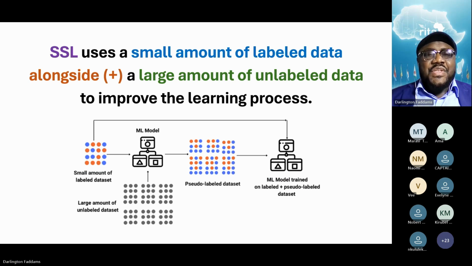SSL uses small amounts of labeled data plus a large amount of unlabeled data to help improve the learning process. How does it work? Most of the large AI projects that we have, we've already established that we can't label all the data.